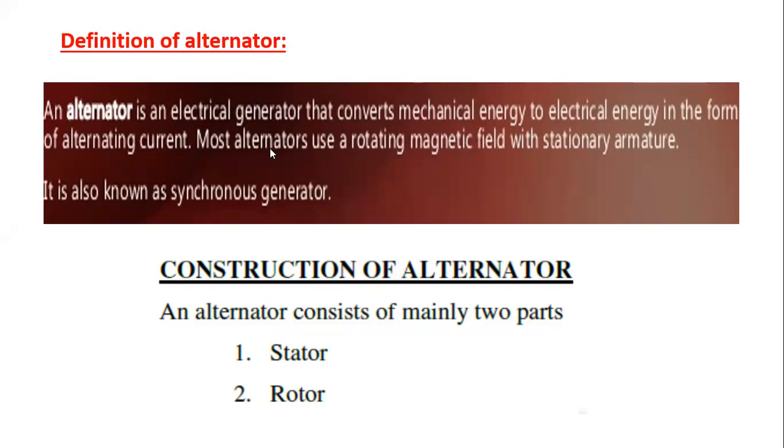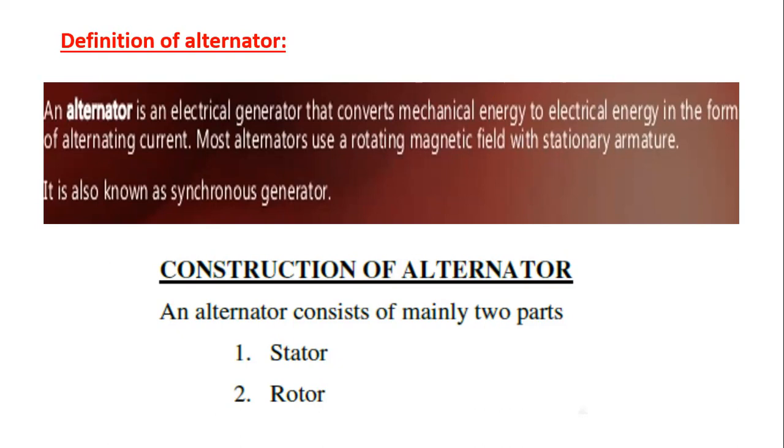But in the alternator, the magnetic field is rotating and the armature is stationary. That is the only difference between the DC generator and the synchronous generator, which is also called the AC generator.